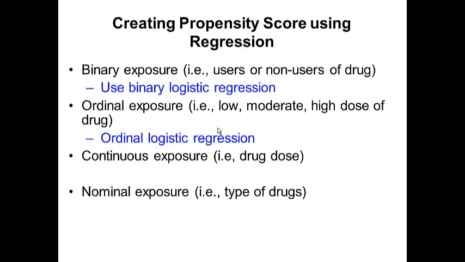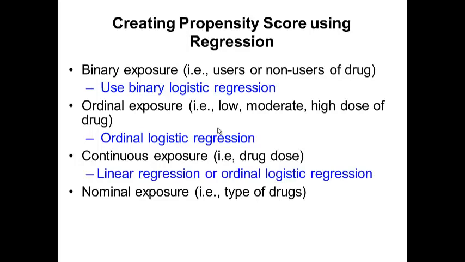When you record the exact dose of drug and have continuous exposure, you can use linear regression. And when you have a nominal exposure, for example, type of drugs, where there is no order, you can use multinomial logistic regression to create the propensity score.